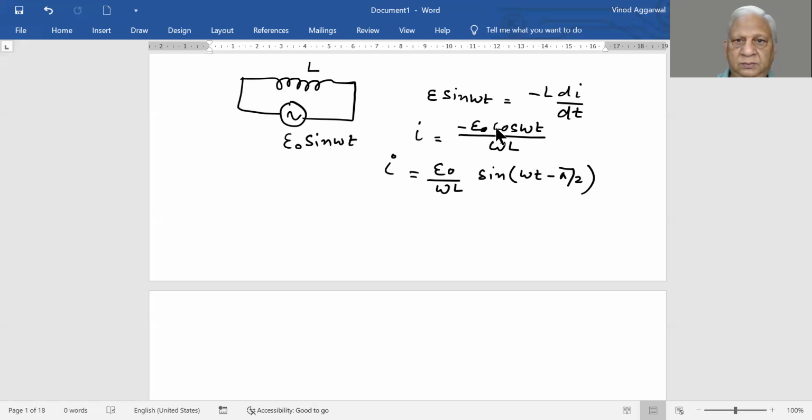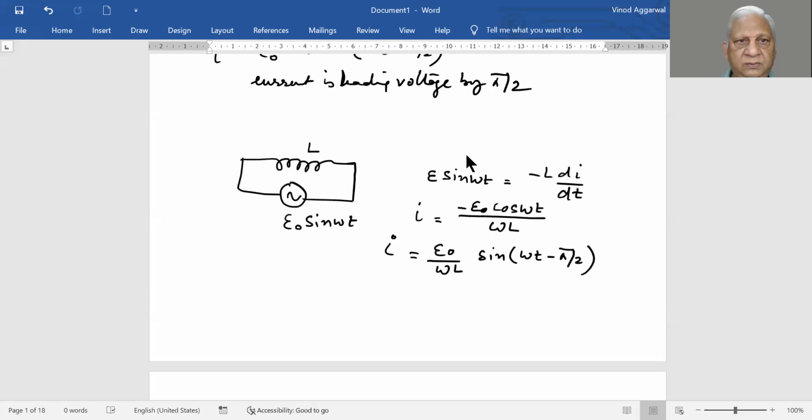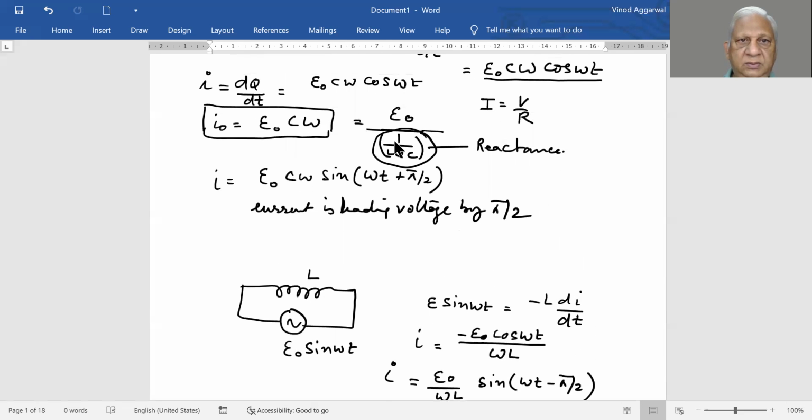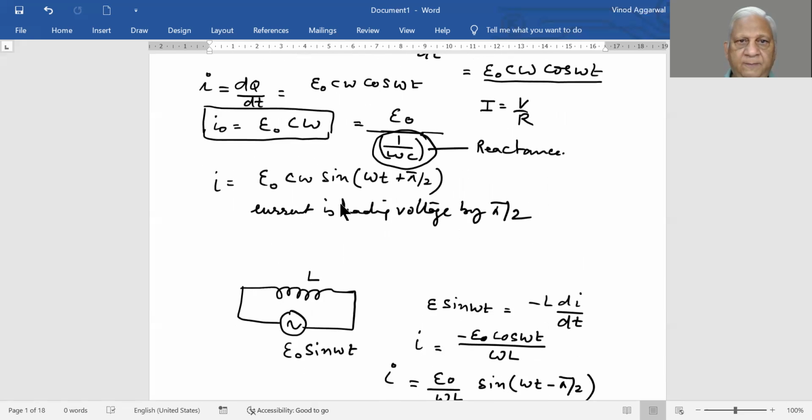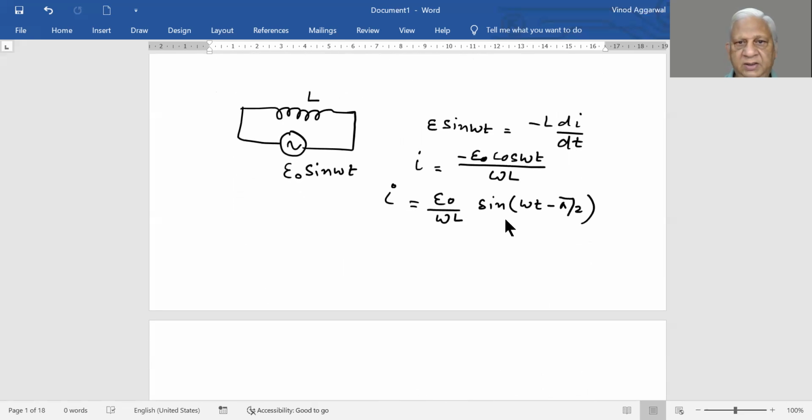This is just writing cos function converting back to sine function, as we did in case of capacitor. We converted the current cos function into sine function. And when we did it here, what we notice is this is minus pi by 2.